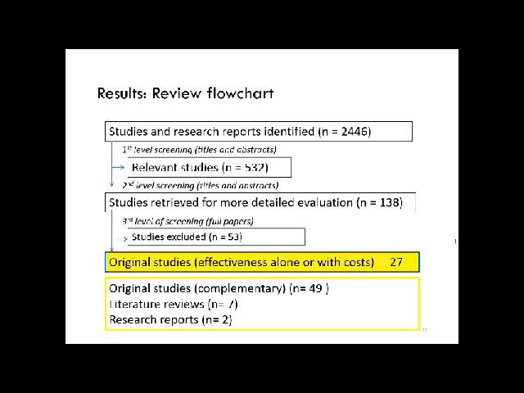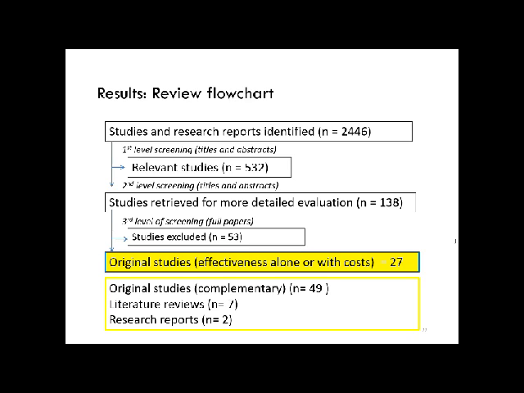These other sources were the remaining original studies, and these included economic evaluation studies alone, not together with RCTs, and complementary studies such as qualitative research, conceptual papers, process evaluation research, and surveys describing or reporting a single intervention component.